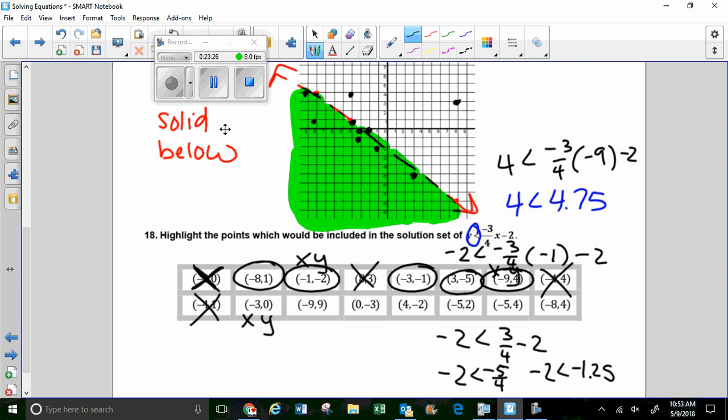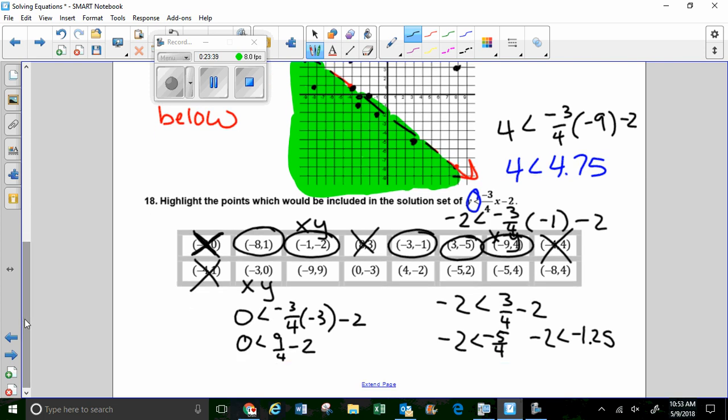Replace y with 0, replace x with -3. So it's going to be 0 is less than 9/4 minus 2. 9/4 minus 2 is going to be 1/4. Is 0 less than 1/4? Yes, so it is actually a solution.